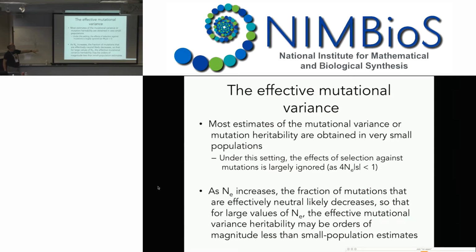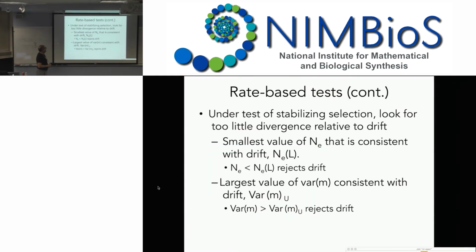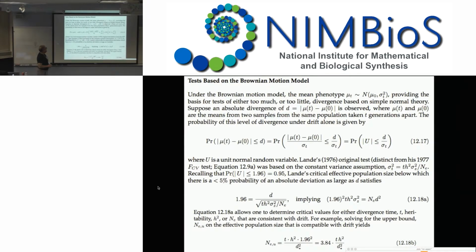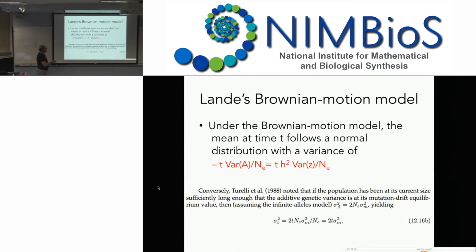And so I think the reason you get the drift not being rejected in the mutation drift equilibrium is you're exactly seeing this. Your measure of effective population size affects the mutational heritability, the effective mutational heritability. And therefore, everything else being equal, a better thing to simply use is what's the observed thing we see.